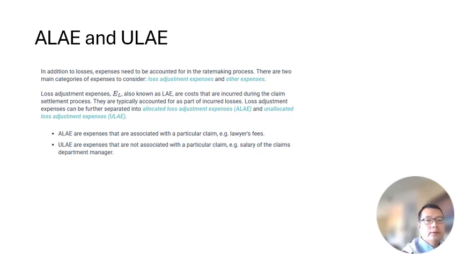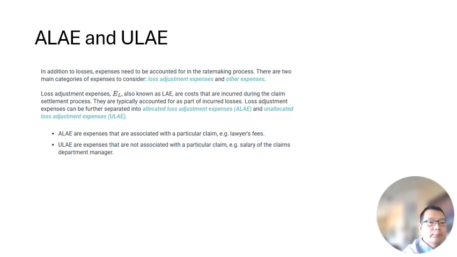But in order to talk about that, we need to understand some of the concepts, ALAE and ULAE. So in addition to losses, expenses need to be accounted for in the rate-making process. There are two main categories of expense to consider: loss adjustment expense and other expenses.